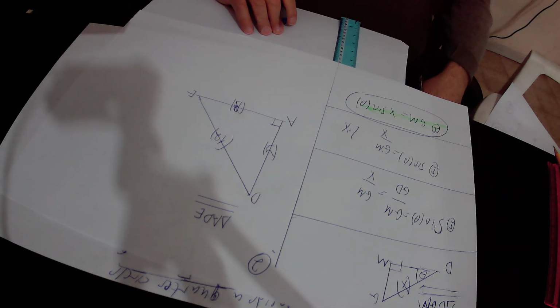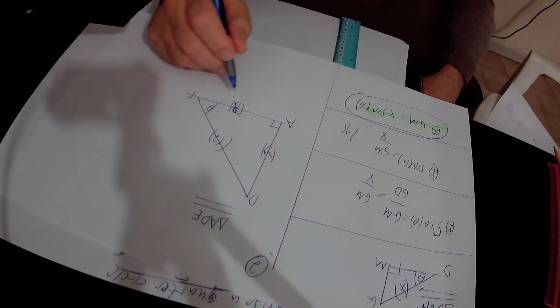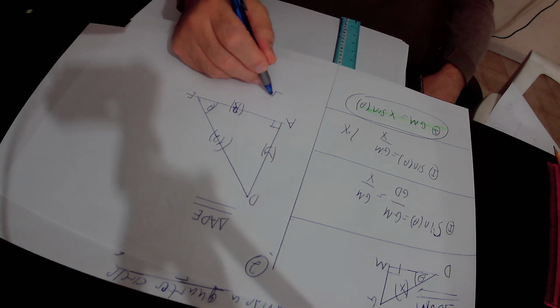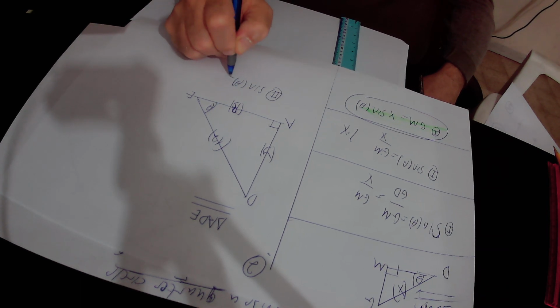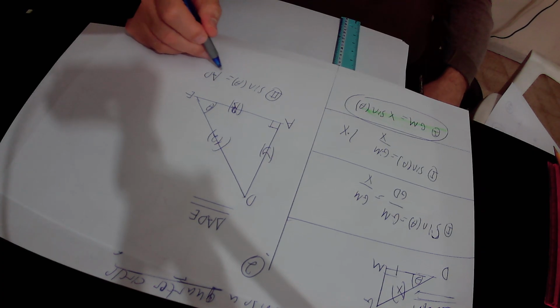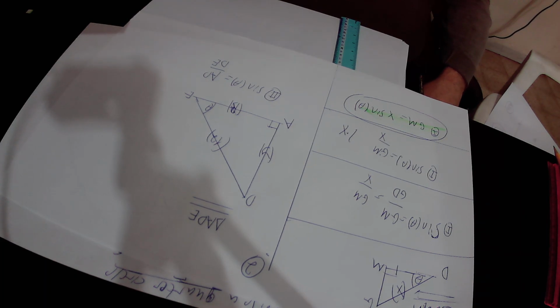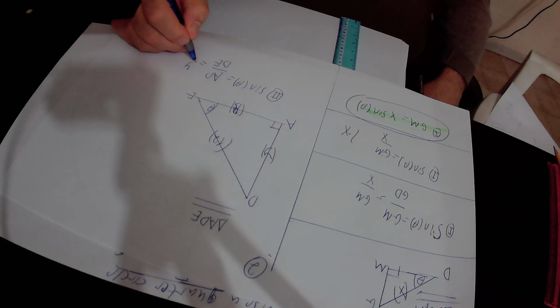So actually, this is the right triangle ADE, copied from the original drawing. In this right triangle ADE, sine theta equals AD over DE. AD is Y, so we substitute AD by Y, over DE.